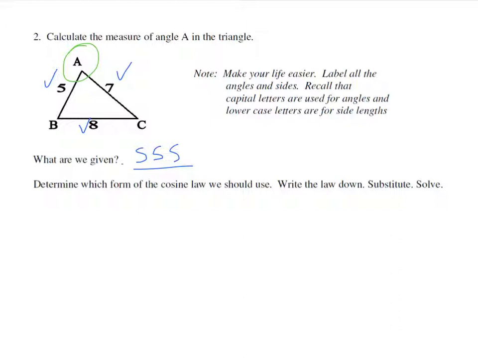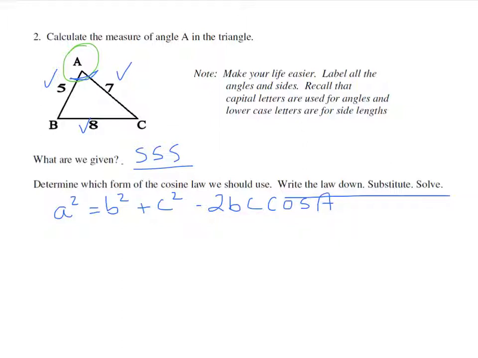Well, let's write the cosine law down. Okay? So we're trying to find angle A. So we're going to start off with a squared equals b squared plus c squared minus 2bc cos A. But what we're really trying to find is the A here. So we need to manipulate this formula. Okay, so let's see how we would do that. First, we need to bring what's being added over to the other side.